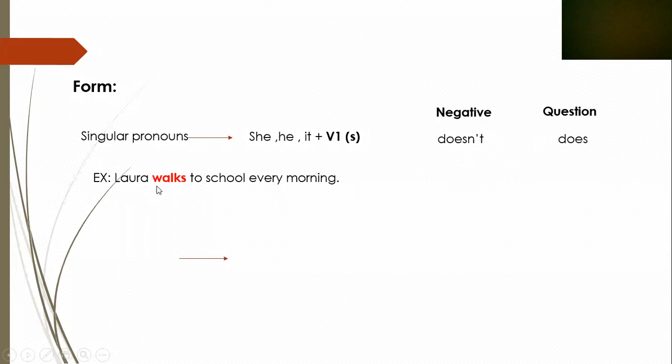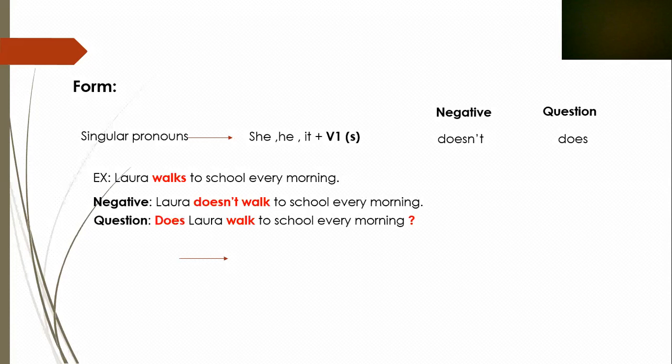How do you think we make a negative out of it? Laura does not walk to school every morning, of course. How to make a question? Does Laura walk to school every morning?